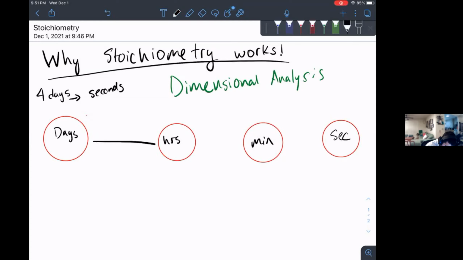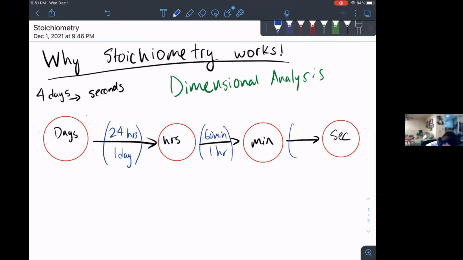And these are each individual conversions that I can generally do pretty well. We know that for days, we can take our unit. 1 day is equal to 24 hours. We know that 60 minutes is equal to 1 hour. And we know that 60 seconds is equal to 1 minute.